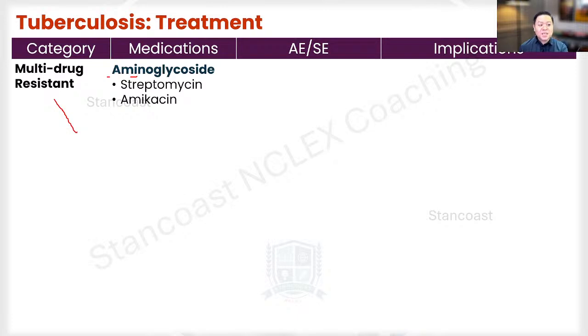Okay, guys, what is the action really for the aminoglycoside antibiotics? Well, they are going to inhibit the bacterial protein synthesis, and they're also going to bind to the 30S subunit of the ribosome of the Mycobacterium tuberculosis.